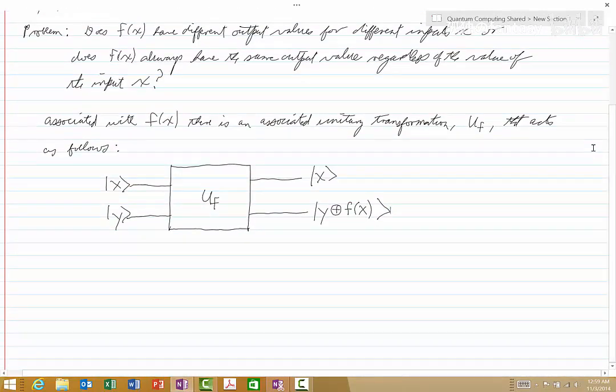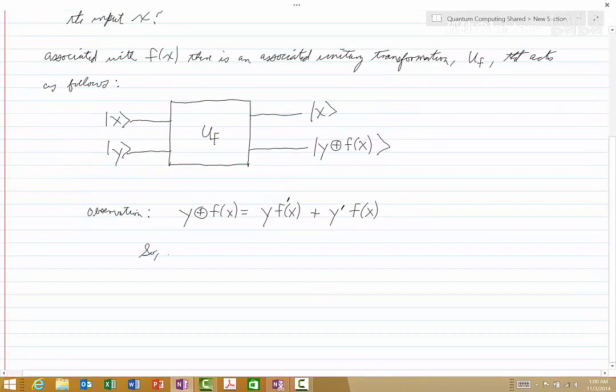And as long as we're at it, let's make an observation. Y exclusive OR with f of x is equal to y ANDed with f of x prime ORed with y prime ANDed with f of x.